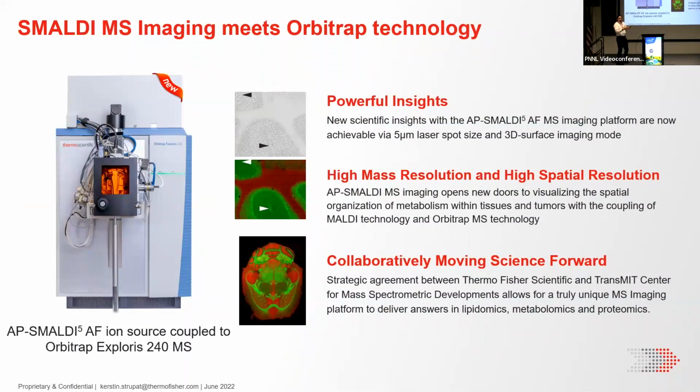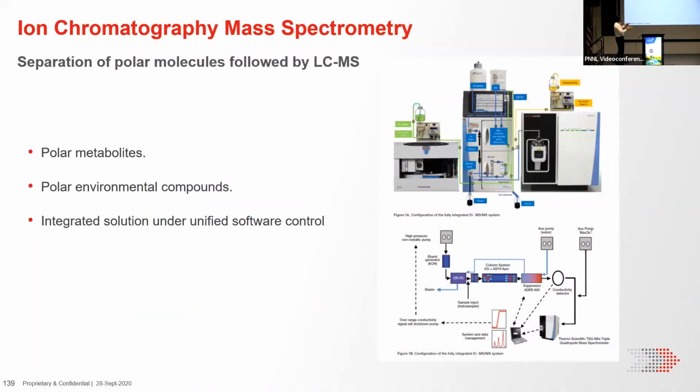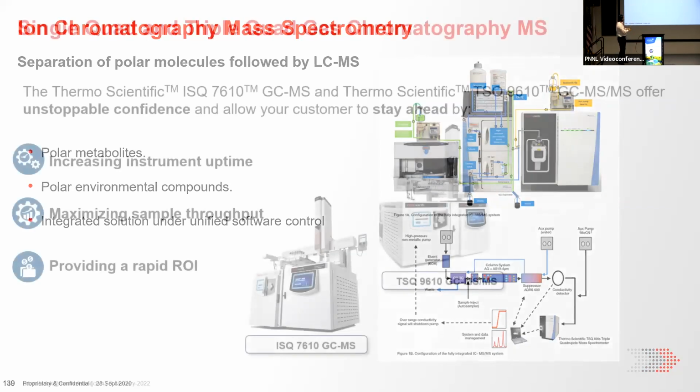We have the ability to do MALDI imaging with the transmit source, which can fit on both the Q Exactive as well as the Exploris. Since we manufacture both ion chromatography and mass spectrometry, we can do ICMS in cases where you have very polar molecules that you need to separate with IC, coupled with mass spectrometry.